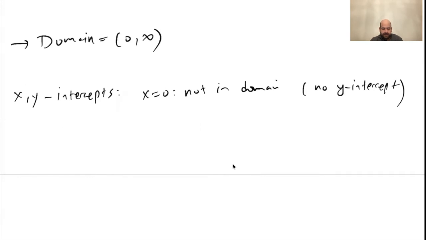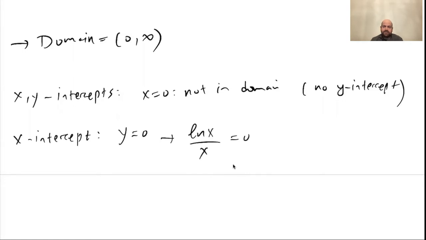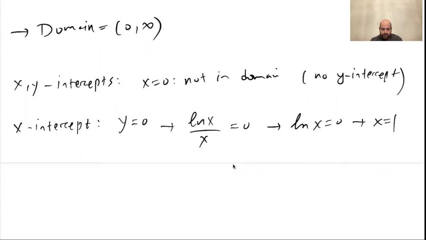And for x-intercept, we need to set y equals 0. So that gives ln x over x equals 0. So if a fraction is equal to 0, then that means numerator has to be 0. So that gives ln x has to be 0, and that gives x equals 1.